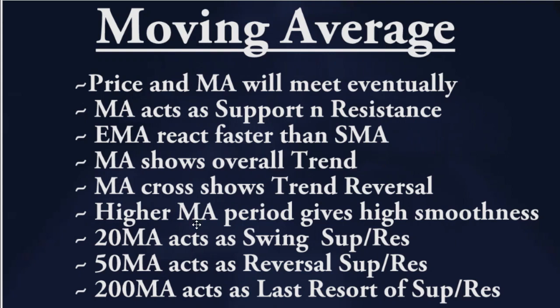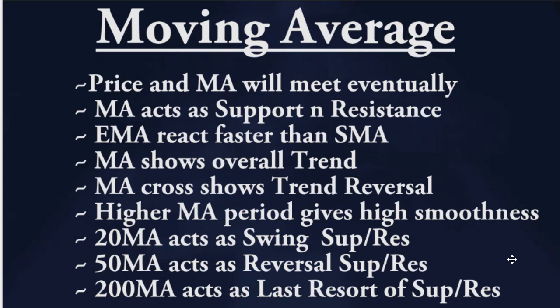A higher moving average period gives higher smoothness, because it will be like a flat line as compared to the 20 moving average. 20 moving average acts as a swing support and resistance. 50 moving average acts as a reversal support and resistance, and 200 moving average acts as a last resort of support and resistance.